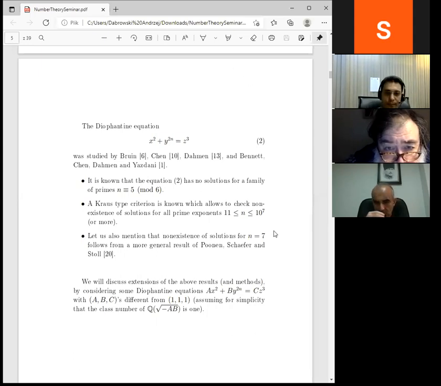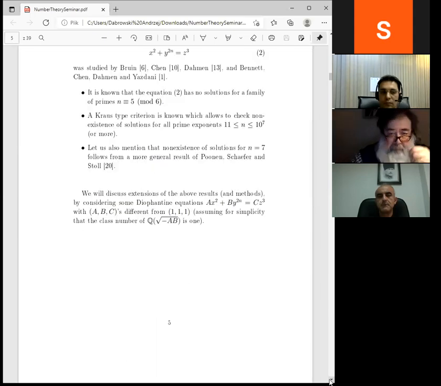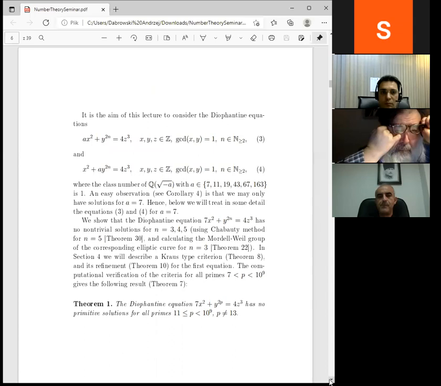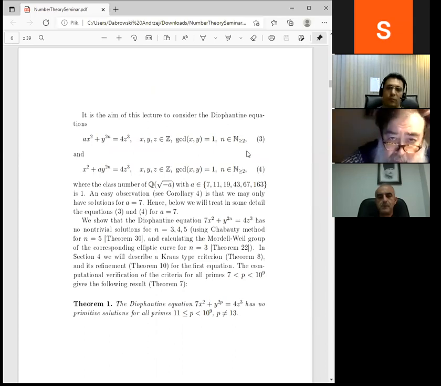In my talk, I will discuss a generalization of the above Diophantine equation, where we take C equal to 4 and the product AB is basically 7. That's actually not families, but only 2 curves, only 2 equations. So it's written here: 2 families of Diophantine equations.